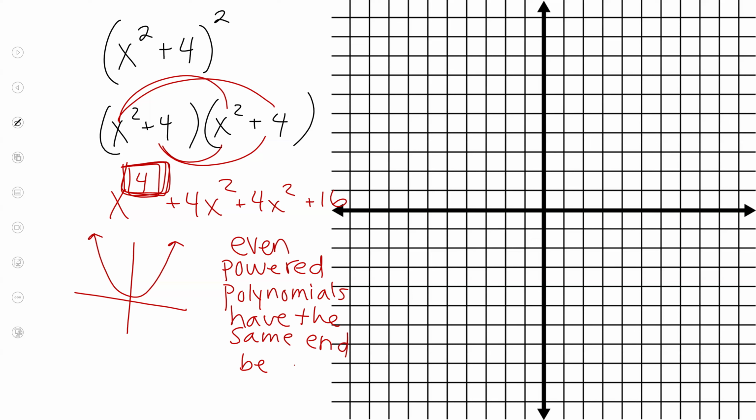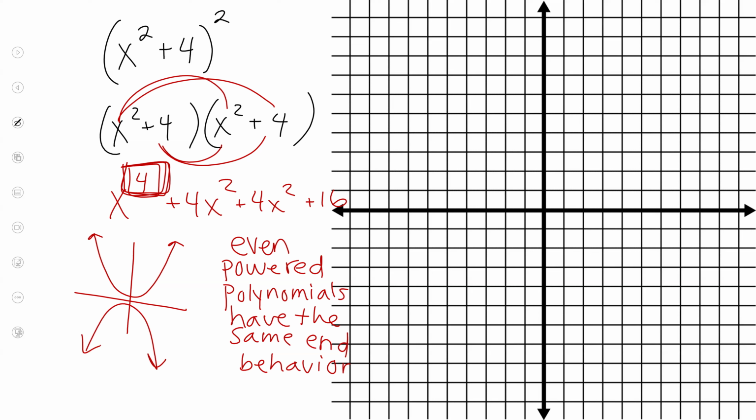What does this mean? When I say they have the same end behavior, what does that mean? Yes, they're both going to go in the same direction. They're either both going to face up or they're both going to face down.